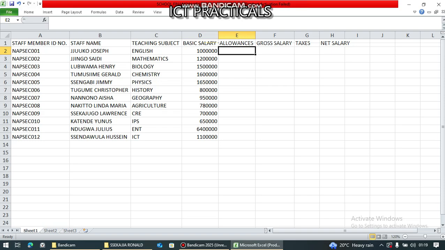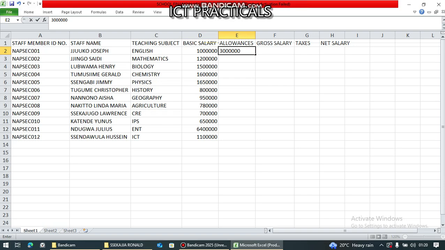Then allowances for all: medical, housing, and others, including transport. It is uniform, that is 100 monthly, 200 monthly, 300 monthly.